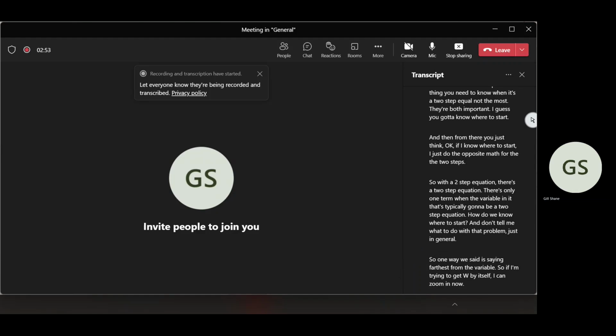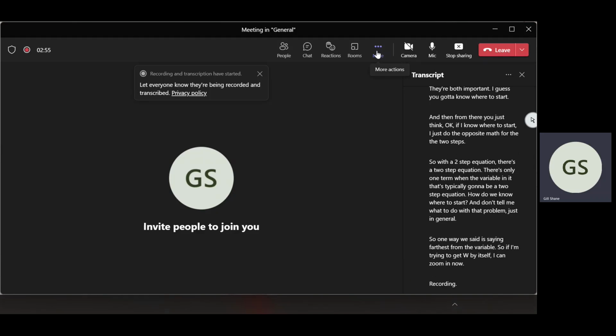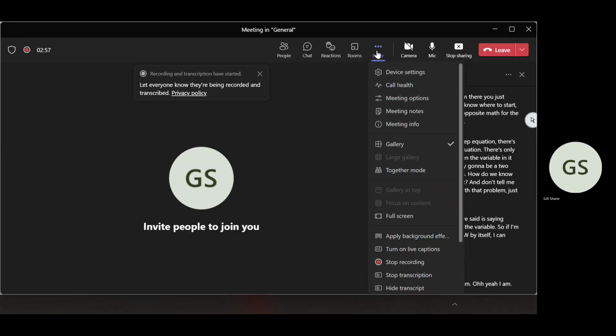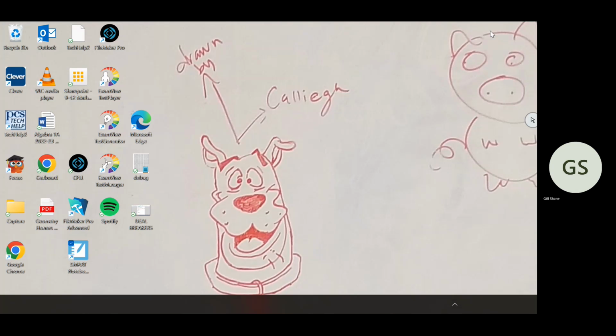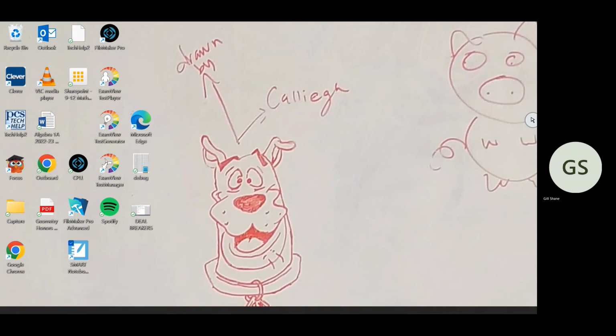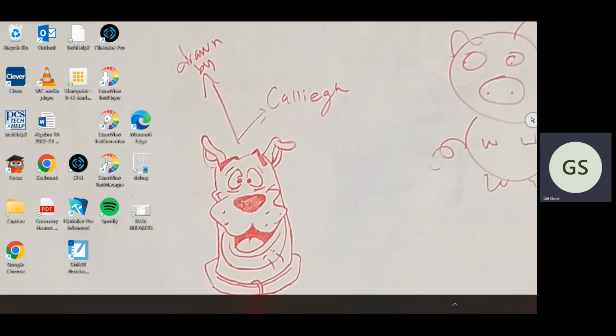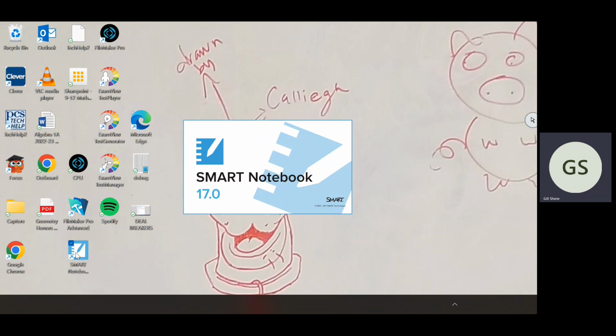Recording. Pretty sure I am. Oh yeah, I am. Hold on. Why is that not working? Ah, man, I hate this computer. I'm going to try this. It may or may not work.